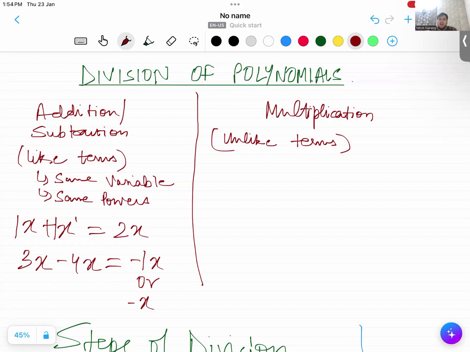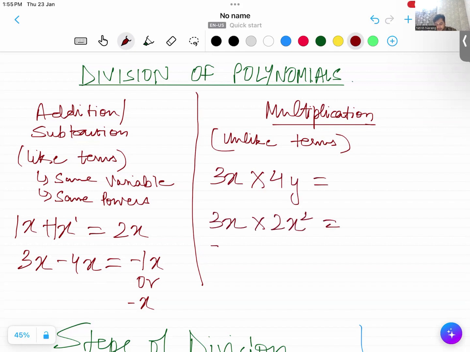Now in the case of multiplication, unlike terms can also be multiplied or divided. For example, 3x multiplied by 4y, 3x multiplied by 2x square, 5y multiplied by 4x. In this case, the coefficients will be multiplied with each other and the variables will also be multiplied with each other.